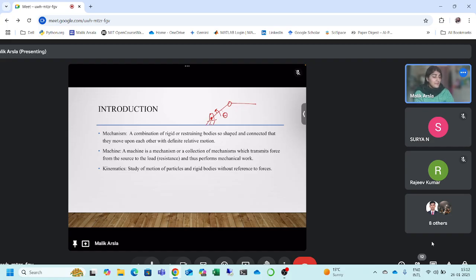Now, coming to the machine, what is the difference between a machine and a mechanism? A machine is nothing but a collection of mechanisms which transmit force from source to the load or resistance. What does this line mean? It means that we have a link from where we input some energy or a force, then it transmits that energy to the subsequent links, or wherever we want the output.